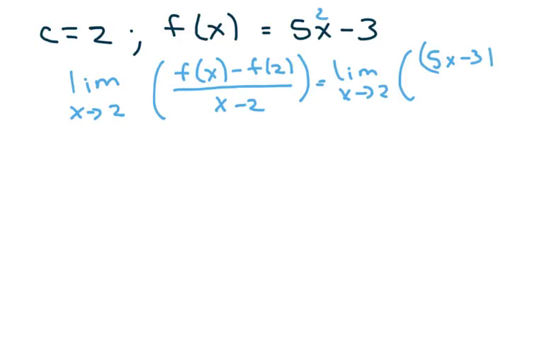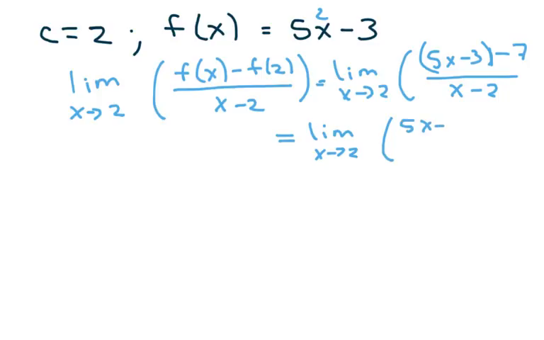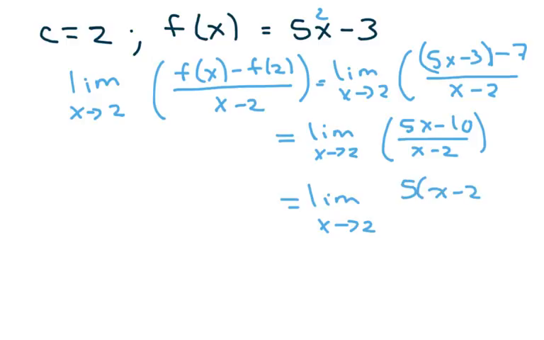Plug in your 2, and you're going to get minus 7 over x minus 2, which equals the limit as x approaches 2 of 5x minus 10 over x minus 2, equals the limit as x approaches 2 of 5 times x minus 2 over x minus 2.